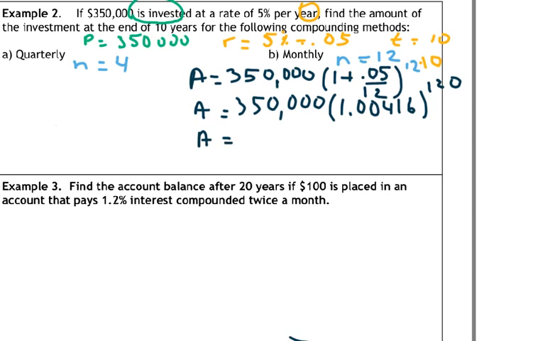Let's plug everything in the calculator. Let's see how much money we're going to get after 10 years. So we have our answer, $575,994.26, which is a little bit more than compounding interest quarterly.